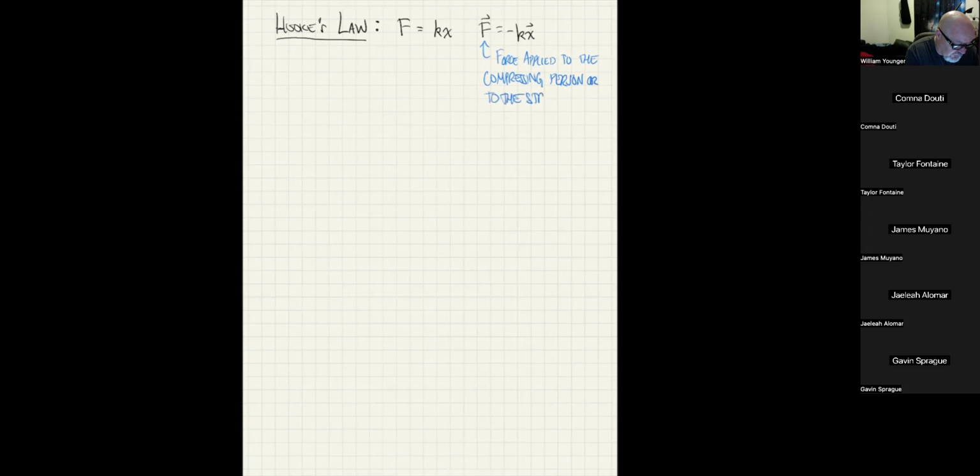In other words, if the person's trying to stretch it or compress it, then the force that's negative will be acting in the opposite direction. Okay. So that's called Hooke's law.